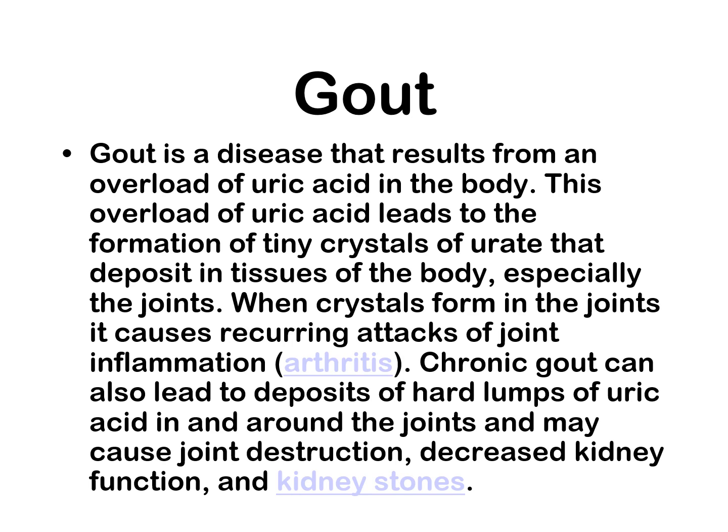The crystals form in the joints. It causes recurring attacks of joint inflammation. Chronic gout can also lead to deposits of hard lumps of uric acid in and around the joint and may cause joint distortion, decreased kidney function, and kidney stones.